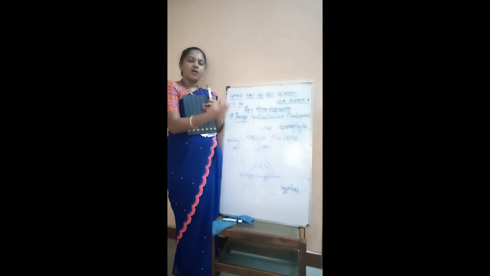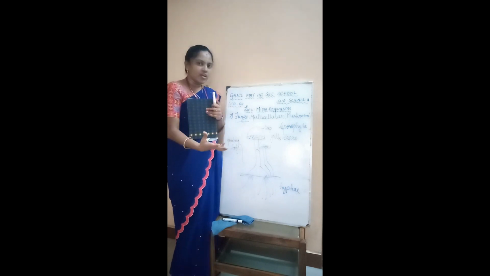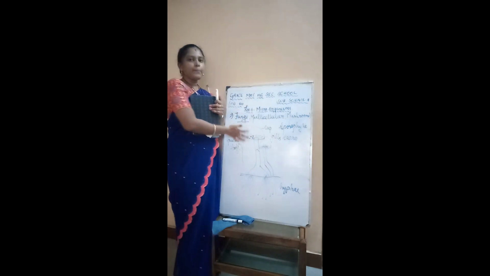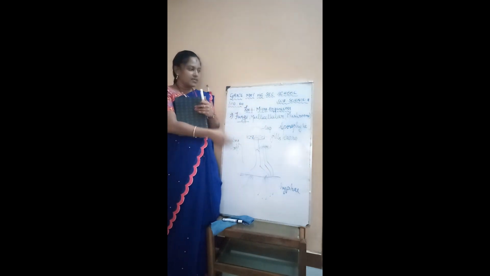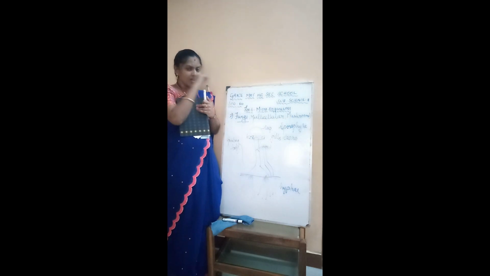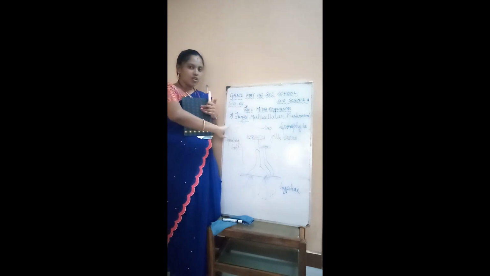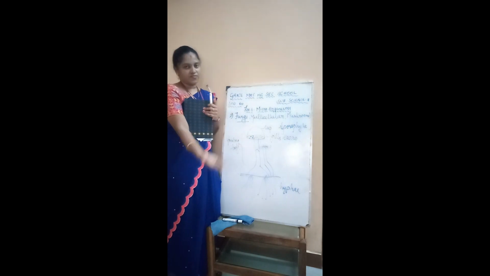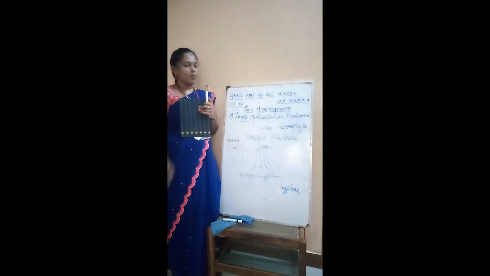Yeast is a kind of microorganism used in making bread to make the bread fluffy. An example of multicellular is mushroom. We have also seen the structure of the unicellular fungi as well as the multicellular fungi. Are you clear with this, children?